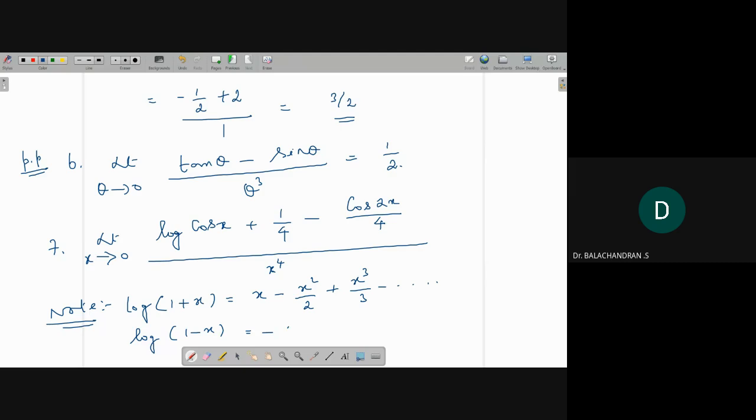So log of 1 minus x is minus x, minus x squared by 2, minus x cubed by 3. Everything is minus here, but in the other series it alternates. So you should remember like this. Okay, now we will go to the solution of the problem.